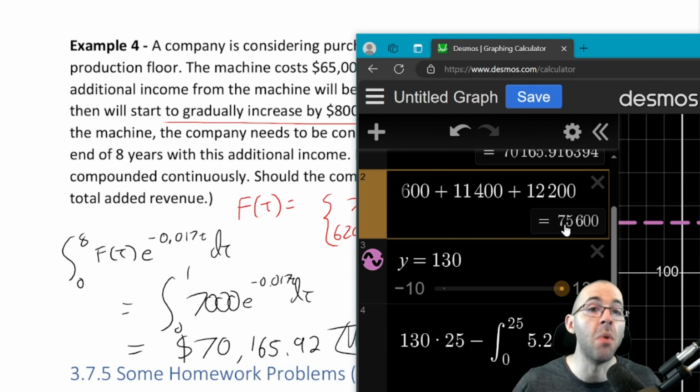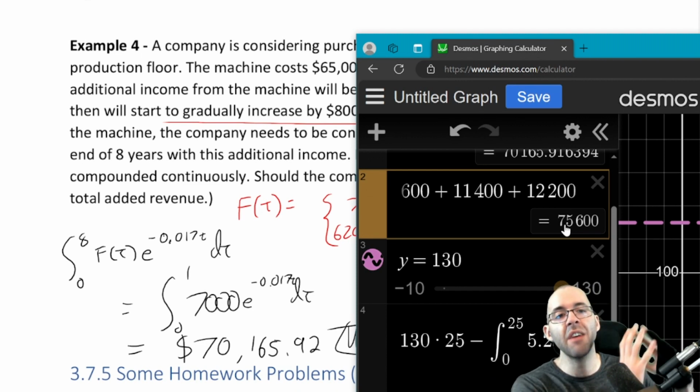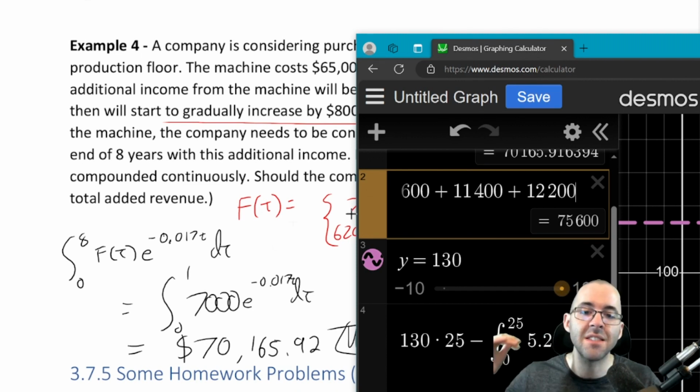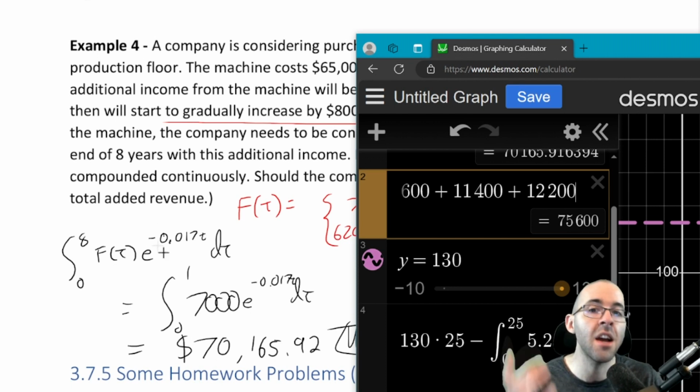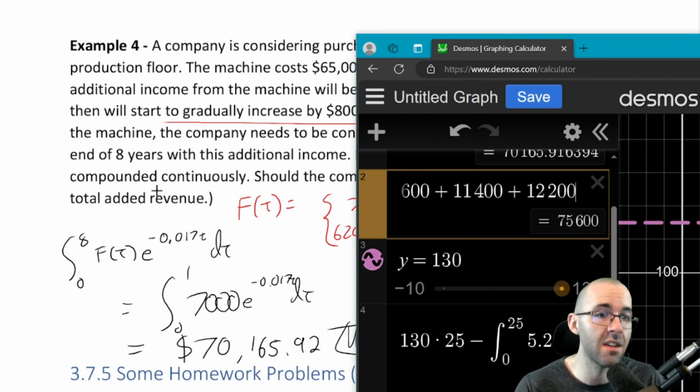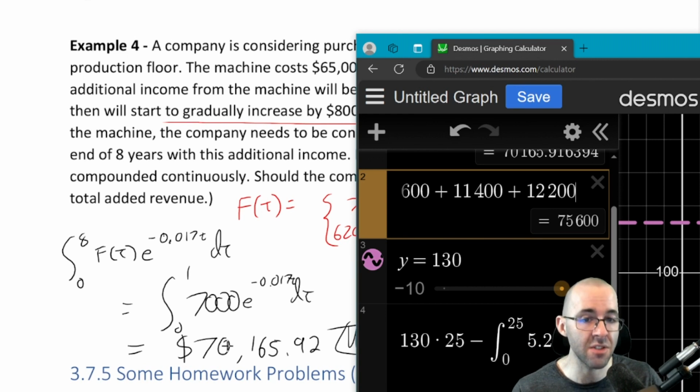Present money is worth more. So $75,000 in the future is worth $70,000 today because of interest. So it's this present value that we really care about calculating, not the actual total revenue that this thing gives us.